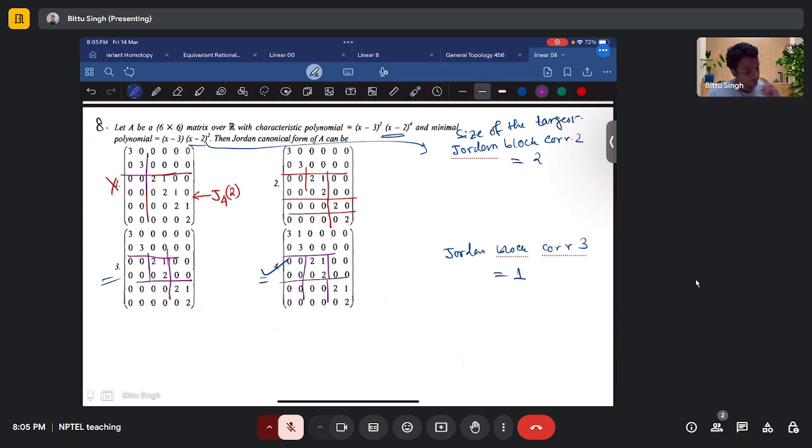Jn of 2, this n is less than or equal to 2, so it is okay. For example, this is J1 of 2, this is J2 of 2, Jordan blocks corresponding to 2. Now for 3, the size should be less than or equal to 1, right? Because in the minimal polynomial, the degree of the factor x minus 3 is 1.